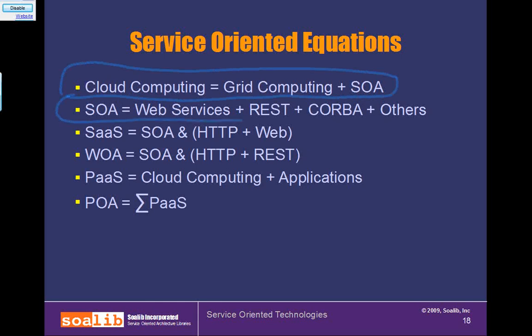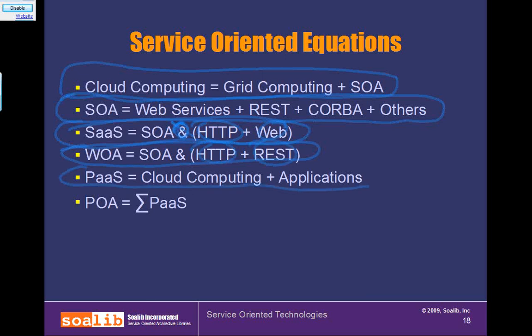Service-oriented architecture is web services, REST, CORBA, and other service-based technologies. Software as a service is SOA with HTTP and web. Web-oriented architecture is SOA with HTTP and REST.